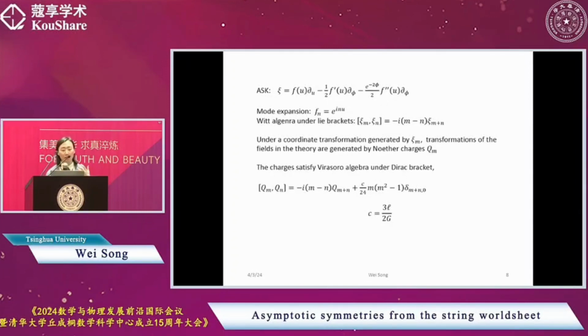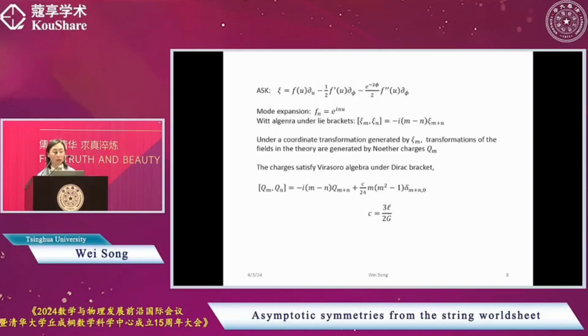And according to another theorem, once we have some symmetry, we can try to define conserved quantities. For each of these asymptotic Killing vectors, we can define a conserved charge. And these charges can form an algebra.